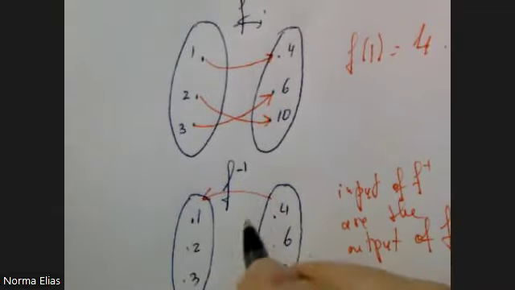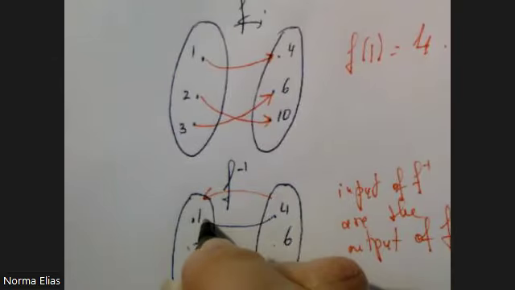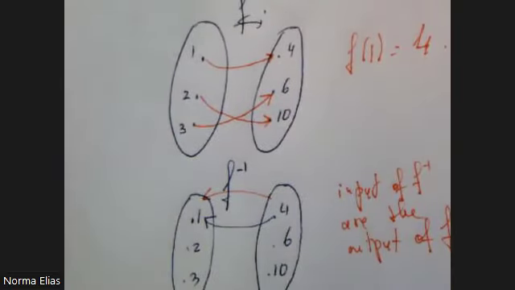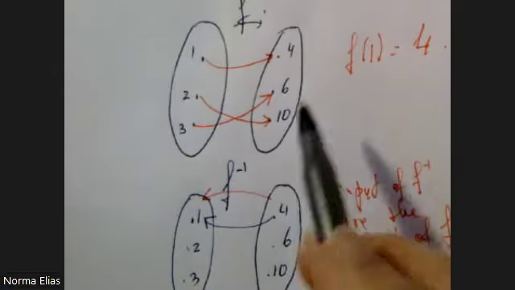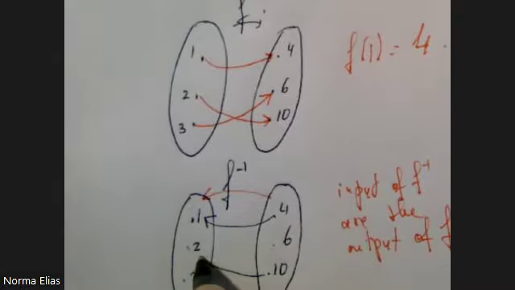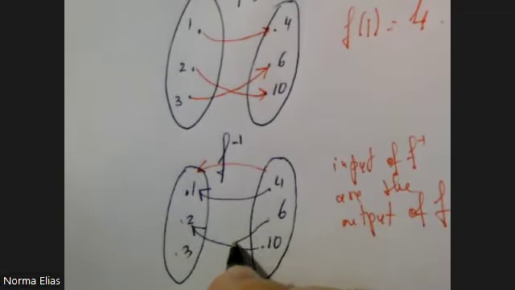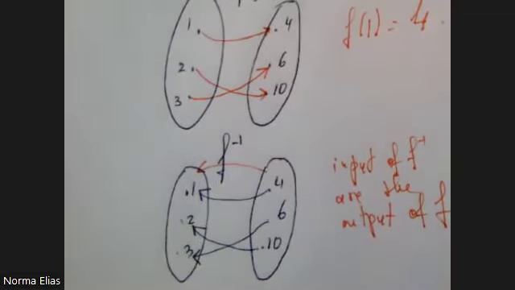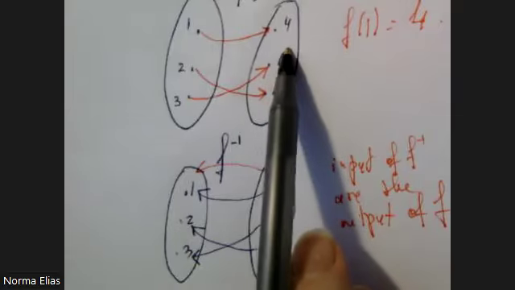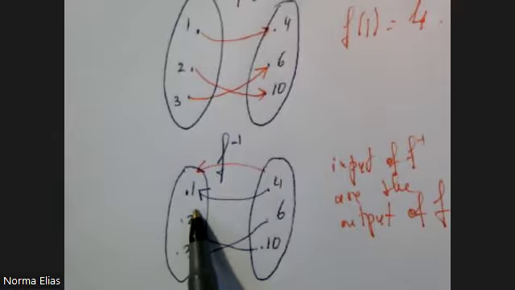So it's going to do the following. If f takes 1 to 4, f inverse is going to take 4 back to 1. F takes 2 to 10. F inverse is a new function. It's going to take 10 back to 2. F takes 3 to 6. F inverse is going to take 6 back to 3. So whatever f does to an input, f inverse will undo it.